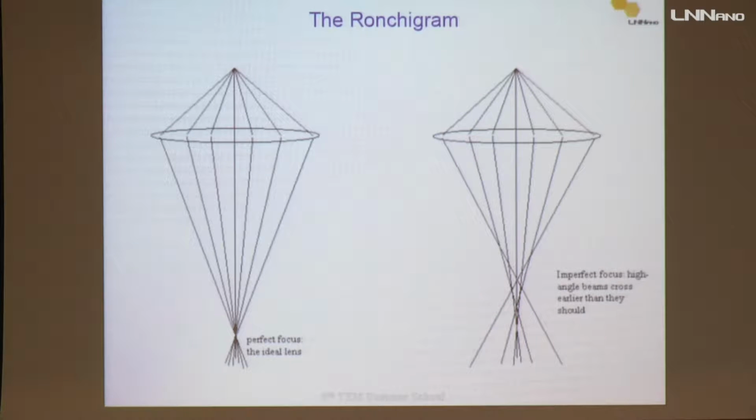You may have had some lectures about these aberrations now. Here we have a ray diagram for an ideal lens. You can see that all the rays are focused at the same point on the optical axis. This is not true for real lenses. All the electrons that arrive at the borders of your lens will be focused earlier than the expected point of focusing.